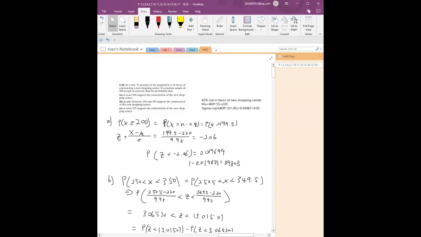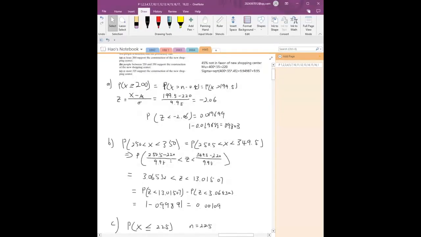Plug into the formula, like Jill said previously, to find minus 2.06, find it in the z-score table, and then subtract from the total to get 0.9803. Using the z-score table, you can also find this number.